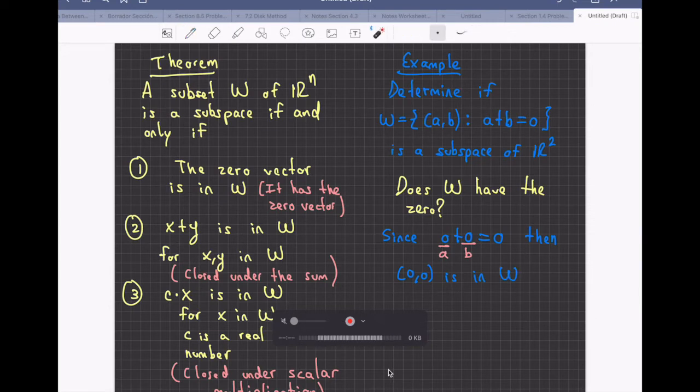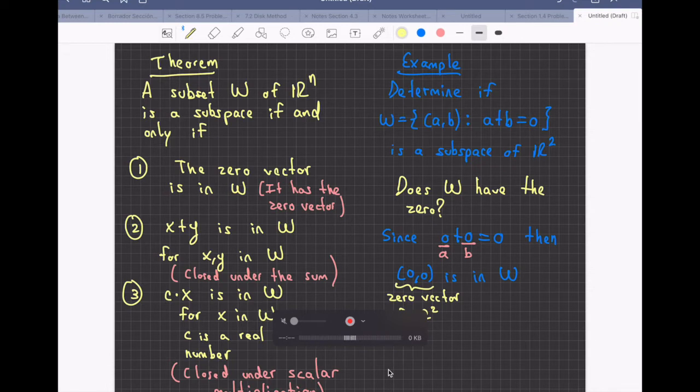Because W has the elements such that the sum of the two elements A, B is equal to 0. If you take A equal to 0, B equal to 0, the sum is 0. So 0, 0 is in W. But 0, 0 is the 0 vector of R2. So property number 1 is true.